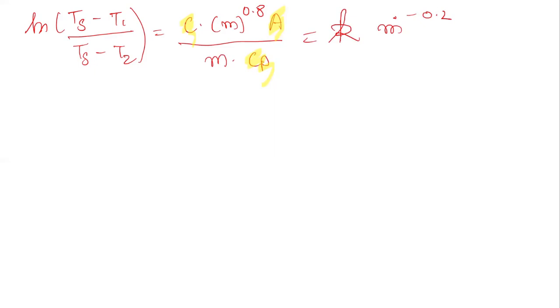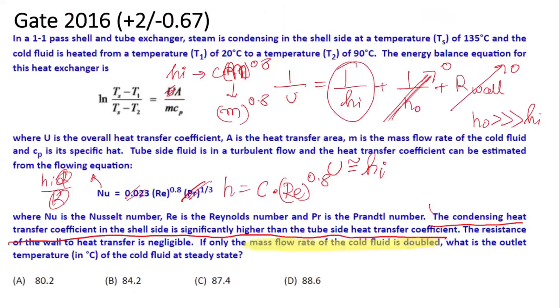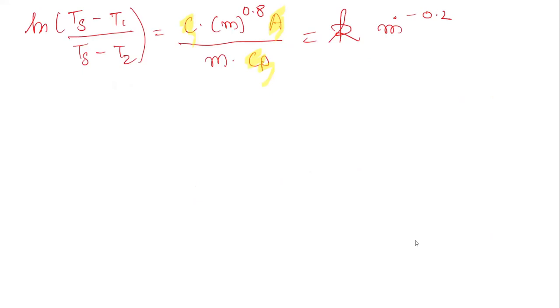What I do is I take the ratios first. What we are interested to find out is the value of T2 dash, the value of T2 for the case of doubling the mass flow rate. So I'll say it as T2 dash, rest everything is remaining same. So I just take the ratios now.